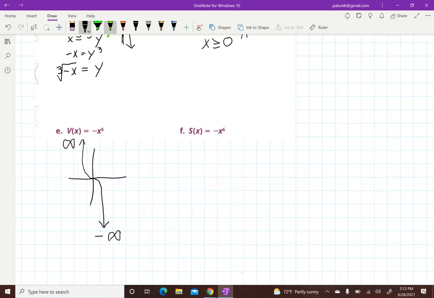When you invert this, you might be able to just do it mentally in your head, reflect it around the line y equals x, and what do you see when you look in the mirror?